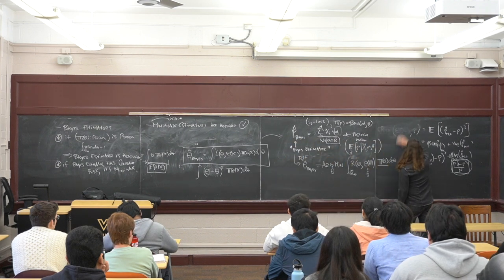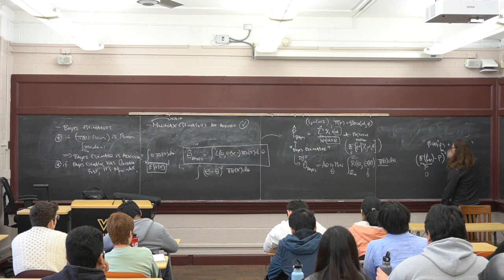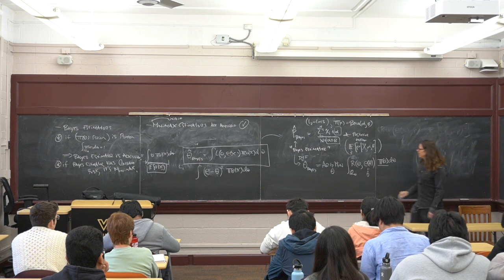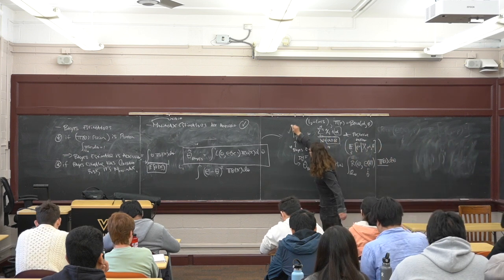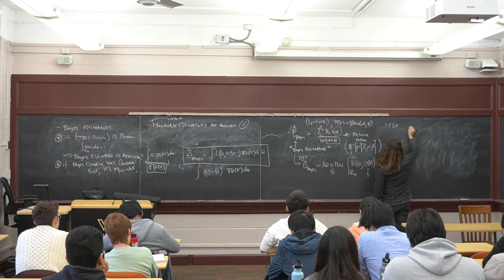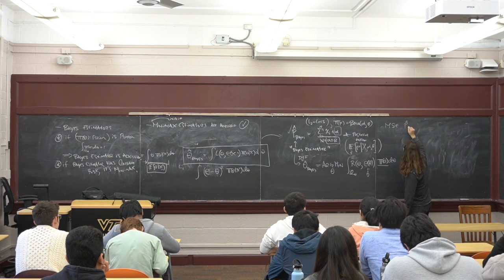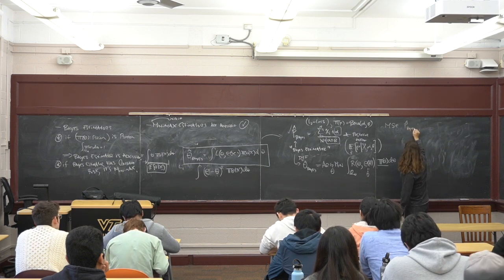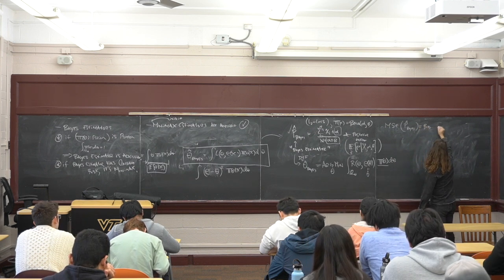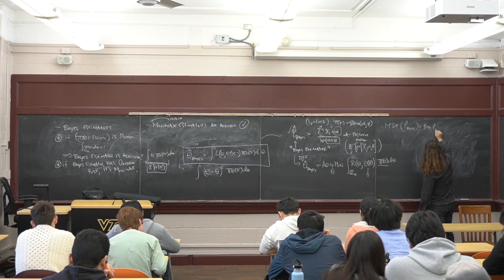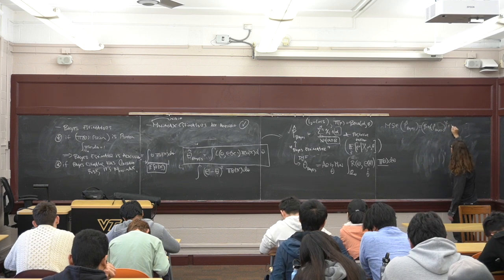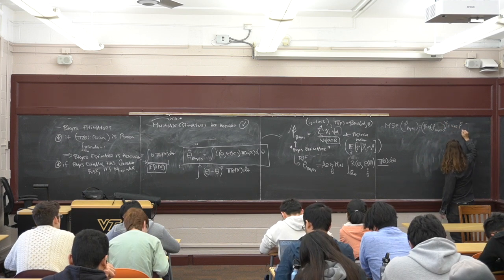But we can look at the MSE for this thing right here. The MSE for P hat Bayes, again, is just going to be the bias of P hat Bayes squared plus the variance of P hat Bayes.